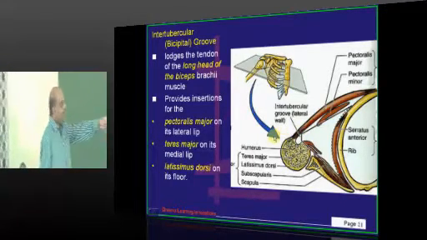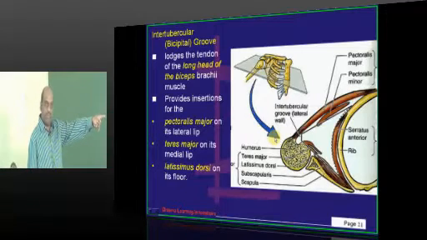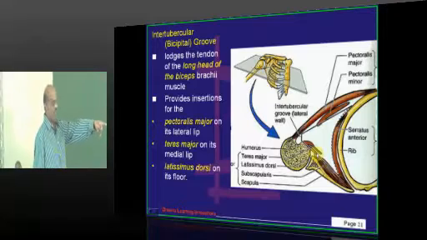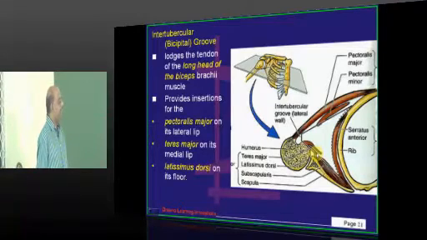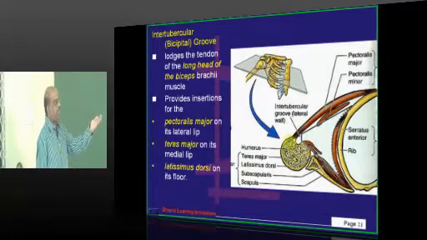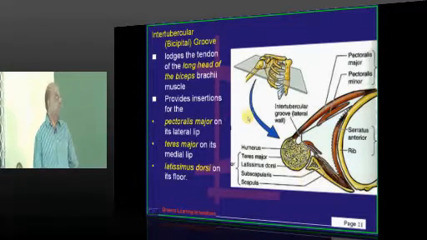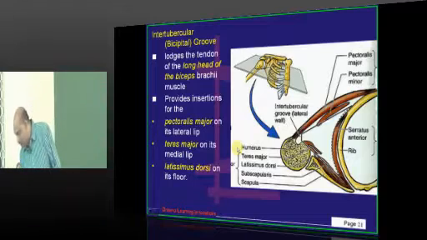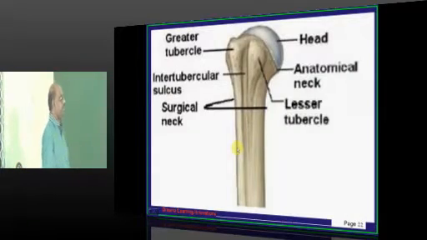It has one lateral lip which is the site of origin for the pectoralis major, and teres major takes origin from the medial lip, and latissimus dorsi takes origin from the floor. So much importance is there for the intertubercular groove, is what you need to remember.